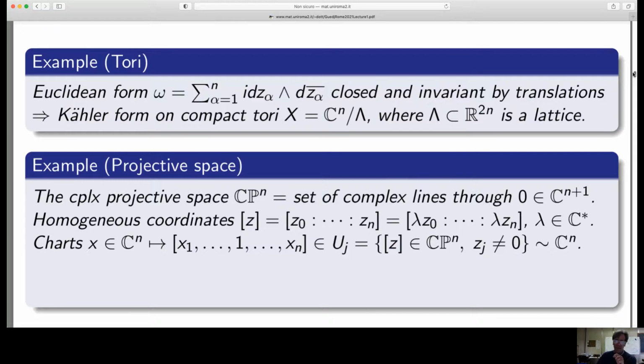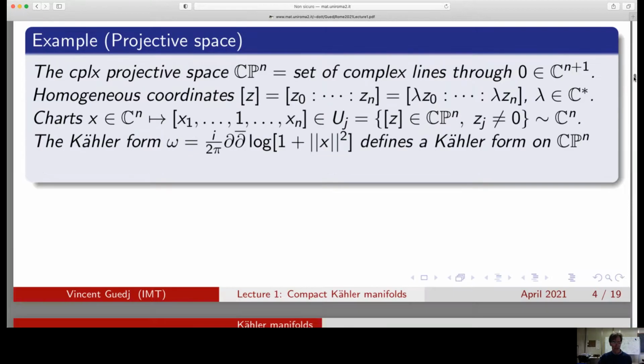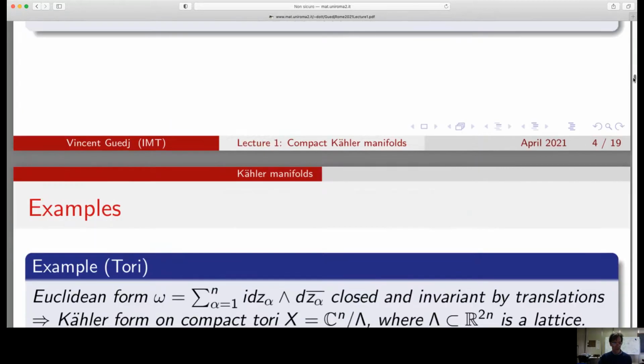In these local coordinates the form omega is defined to be i over 2 pi dd bar of log of 1 plus norm of x squared, and these forms, which are a priori only locally defined, glue together and define a global Kähler form, and therefore a Kähler metric on the complex projective space.